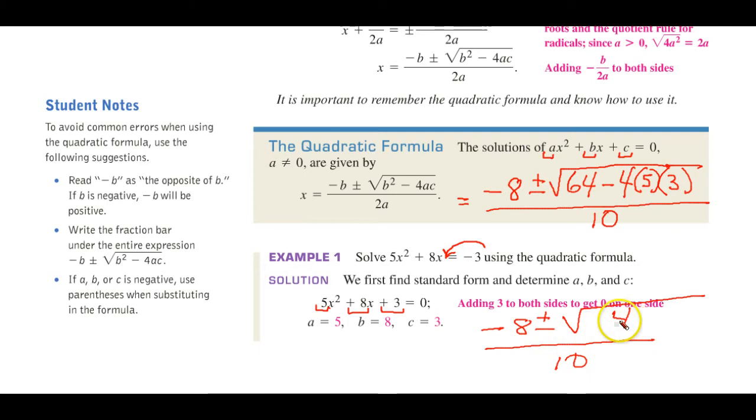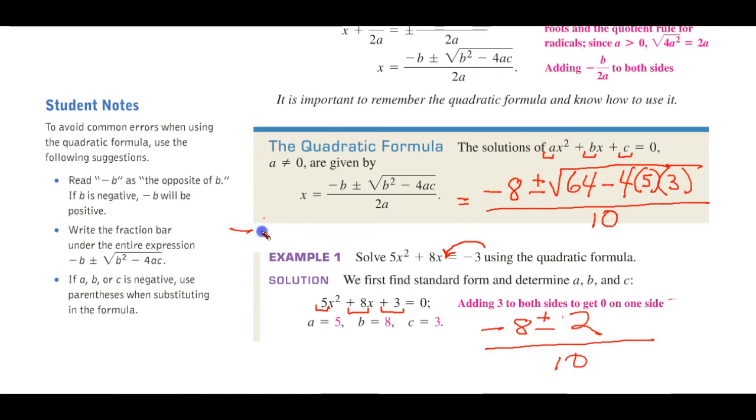And you might say, well, look, this is a perfect square, so this is going to become a 2. All right, so let's just erase that and put a 2 there. Now we have a negative 8 and a negative 2, which is a negative 10 over 10.